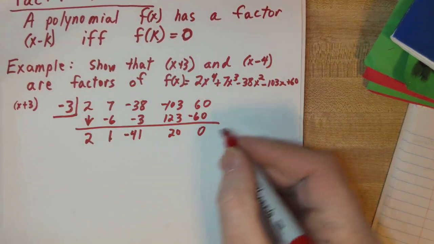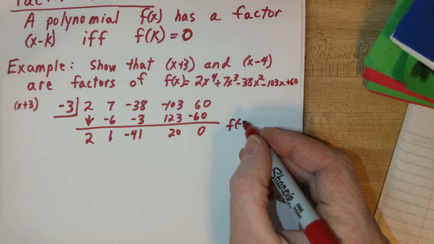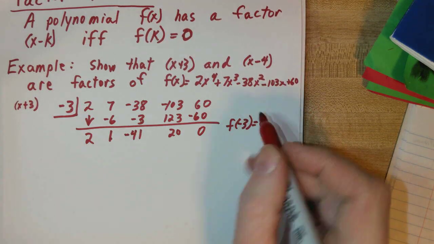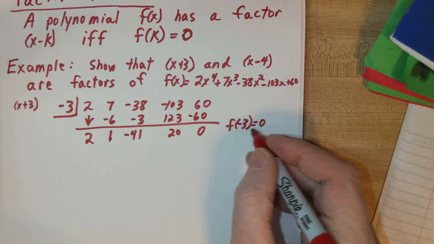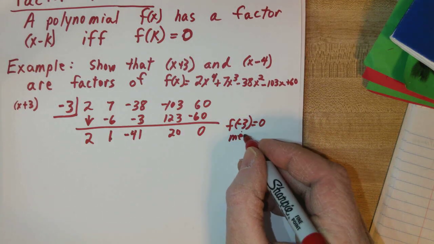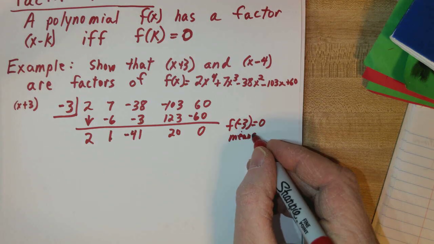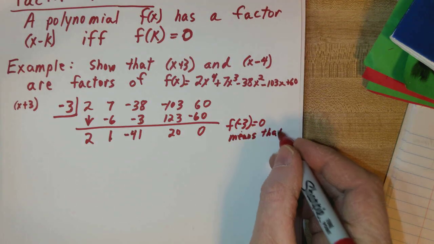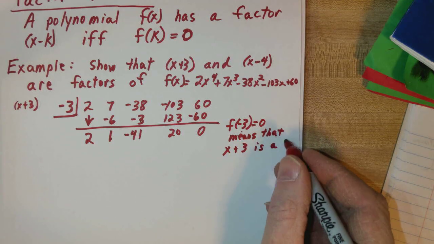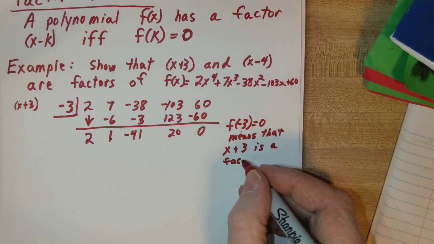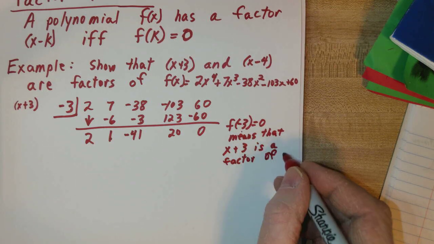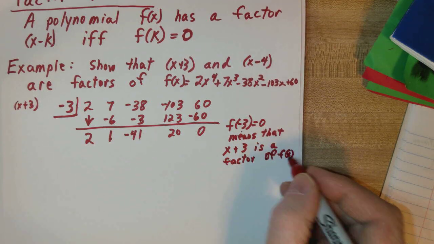That shows f of -3 is equal to 0, so that means x plus 3 is a factor of f of x.